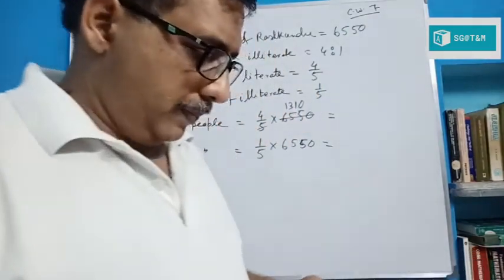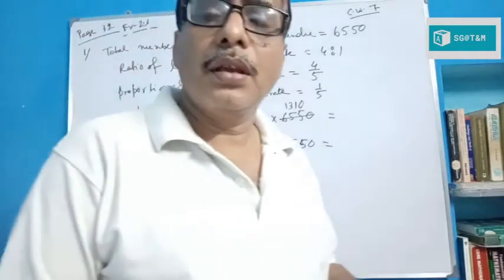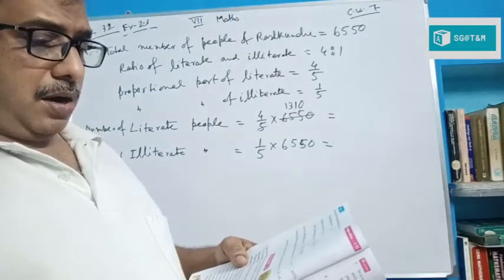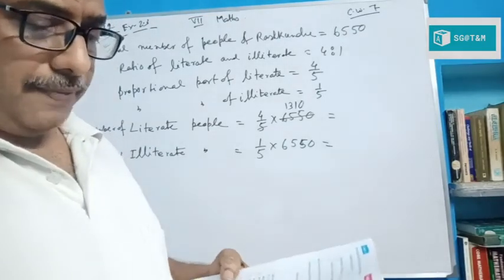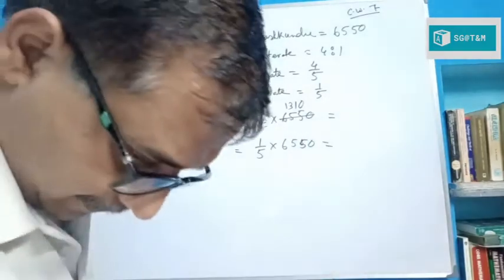Next, question number 2 of the same exercise. If rupees 640 is divided between Bishu and Aparna in the ratio of 5:3, let's find how much each would get.